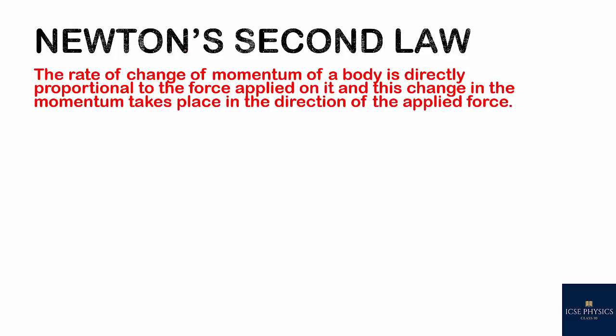First, always remember, whenever the word rate is there, it means you have to divide by time. So the rate of change of momentum. What is momentum? Momentum is the product of mass and velocity. The definition is the rate of change. Rate of change means divided by time. Rate of change of momentum. Momentum here is represented by the symbol P.